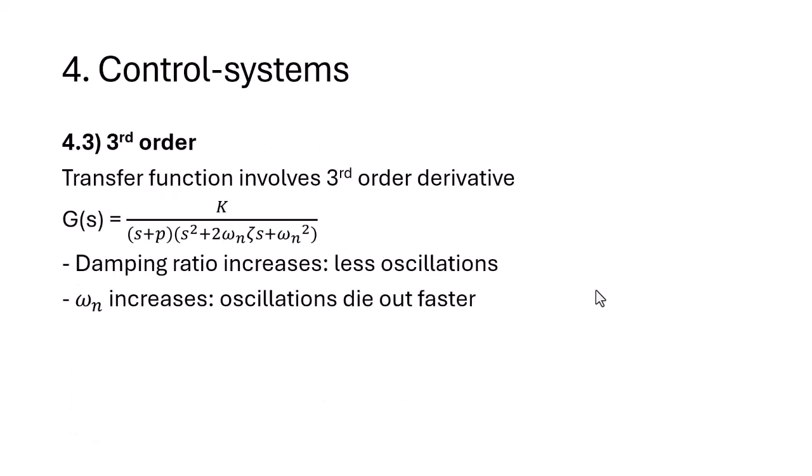And then the third order is in this form, which is G of s equals k over (s plus b) times (s squared plus 2 omega n zeta s plus omega n squared). So here s squared plus 2 omega n zeta s plus omega n squared is characteristic of the second order transfer function. So this case is going to be very similar to the second order transfer function. When the damping ratio increases, there's going to be less oscillations, and when omega n increases, oscillations die out faster.